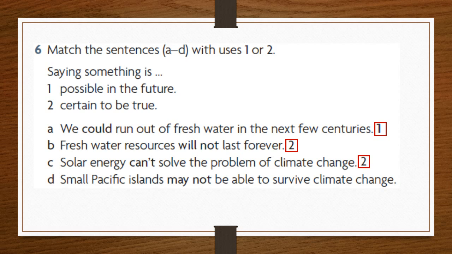Solar energy cannot solve the problem of climate change. It's certainty. It cannot solve the problem. That's clear. Number D, small Pacific islands may not be able to survive climate change. That's a possibility. So modal verbs used for opinion can be possibility or certainty.